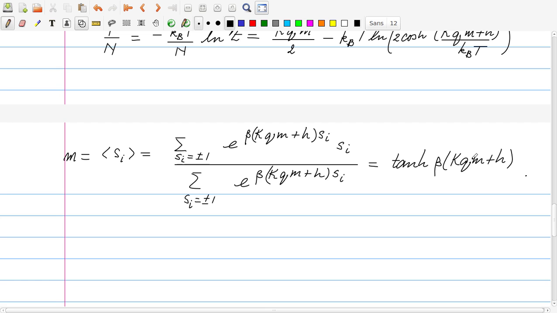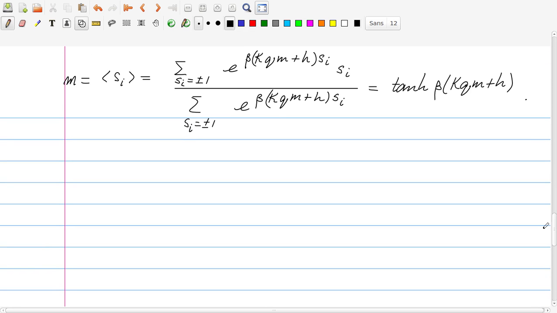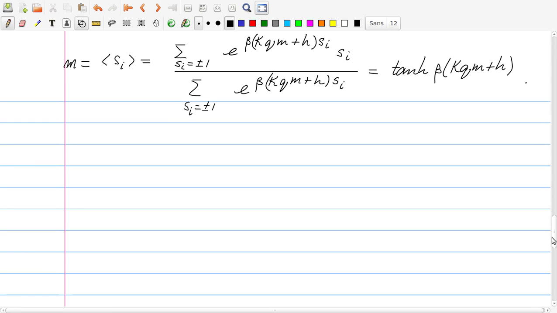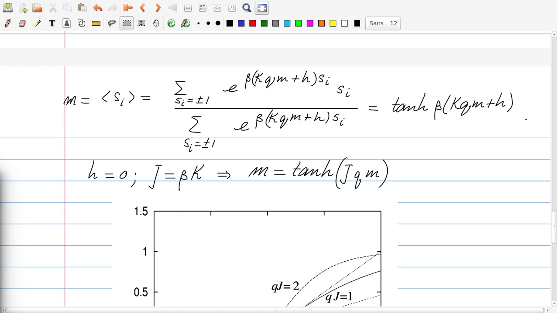So we see here how we can calculate the magnetization arising from this model, because we say that m is a function of m that has the form of a self-consistency equation that we can solve, and it is useful to solve it using a graphical approach. We analyze the model for zero magnetic field, h is 0, and we define the coupling constant J as beta times k.